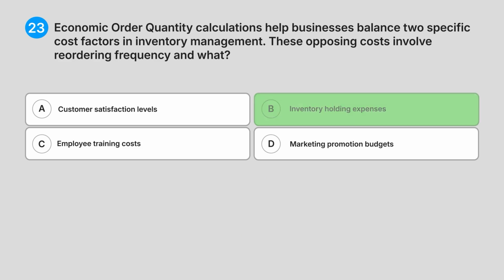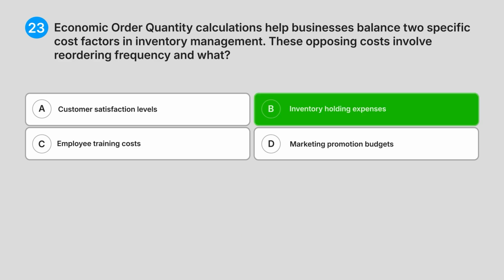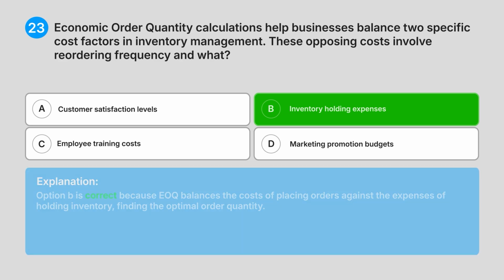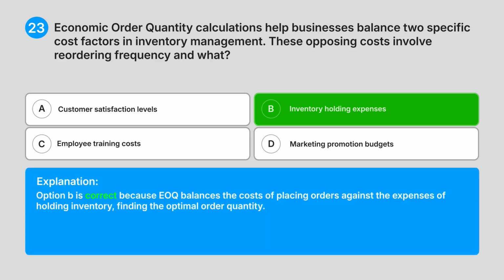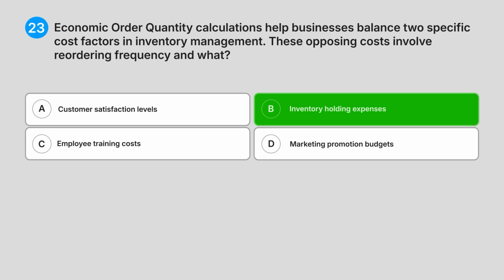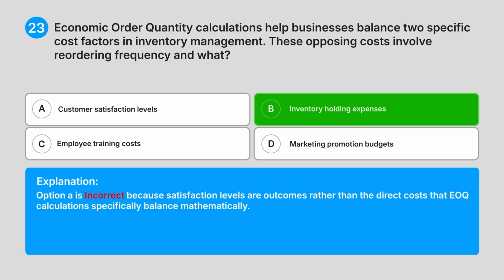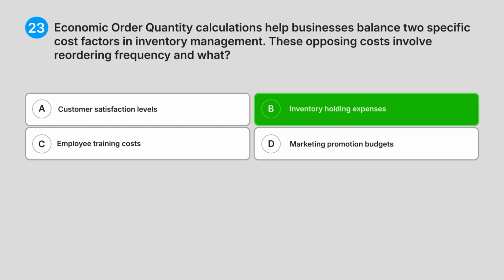Correct answer, B. Inventory holding expenses. Explanation. Option B is correct because EOQ balances the costs of placing orders against the expenses of holding inventory, finding the optimal order quantity. Option A is incorrect because satisfaction levels are outcomes rather than the direct costs that EOQ calculations specifically balance mathematically.